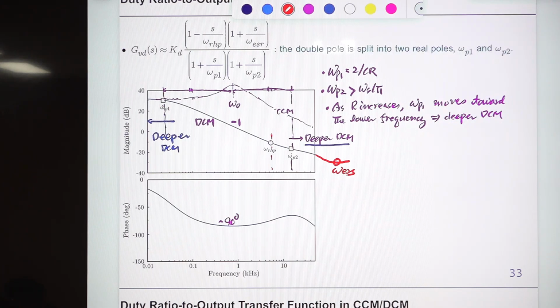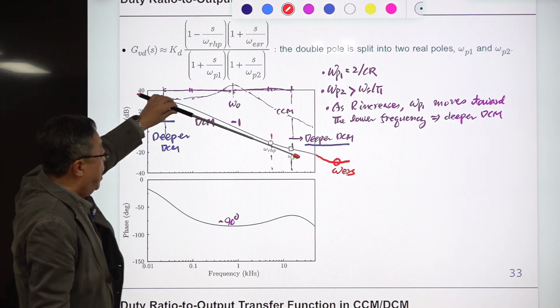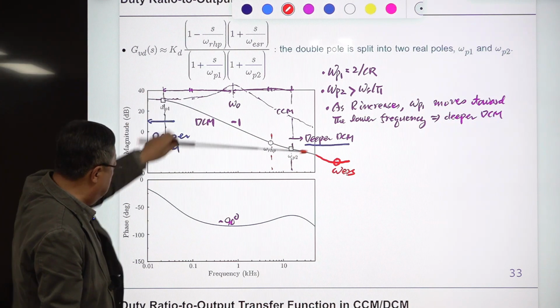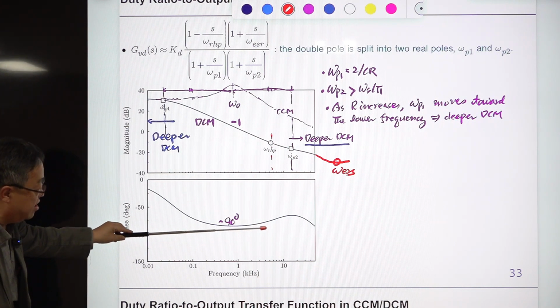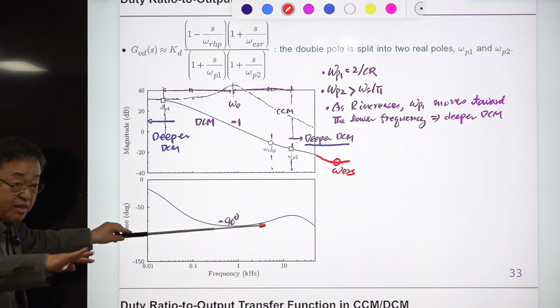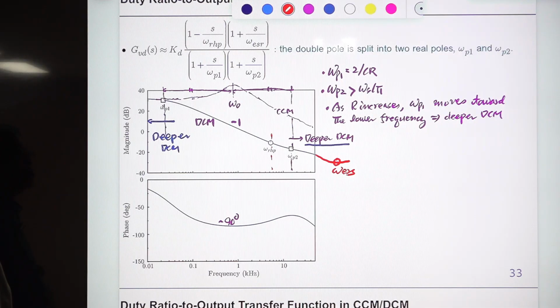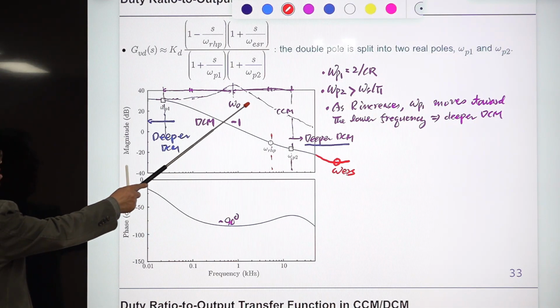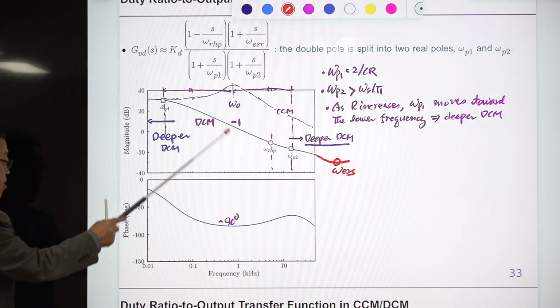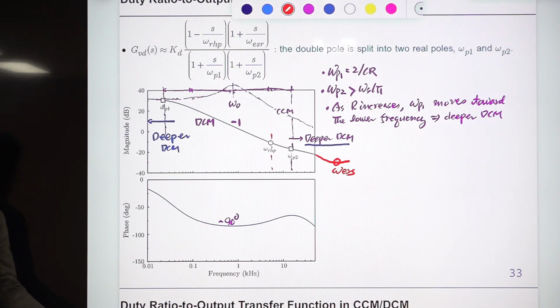The slope is obviously minus 20 dB per decade, and the phase remains flat at 90 degrees, a plateau. That means the system is a first order system. So this one is a second order system, and this one is a first order system.